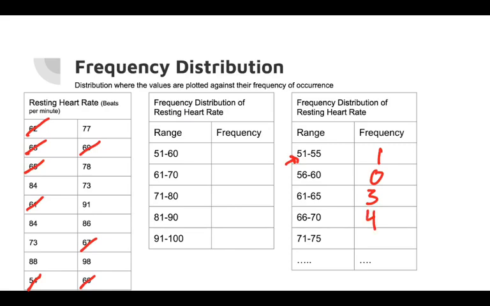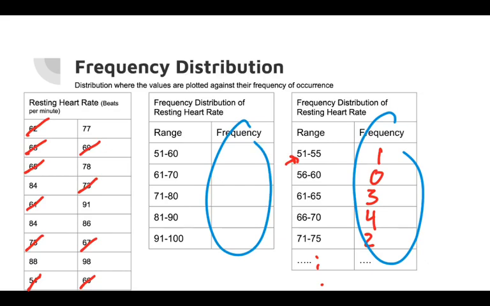And then 71 to 75, I have 1, 2, and so on. This would need to continue until I'd included all of the data within my data set. But you get the picture. And so this shows me a different picture than what I saw over here before.